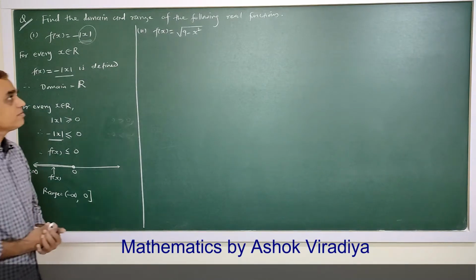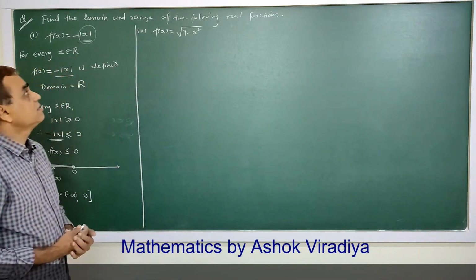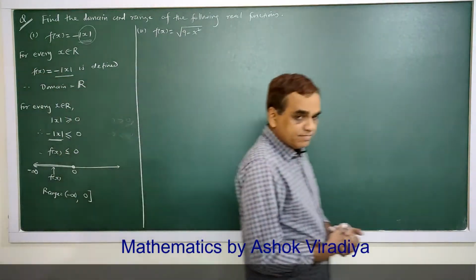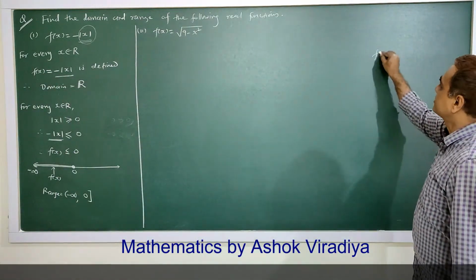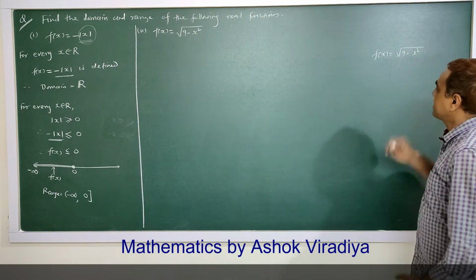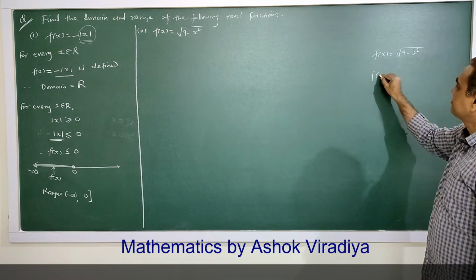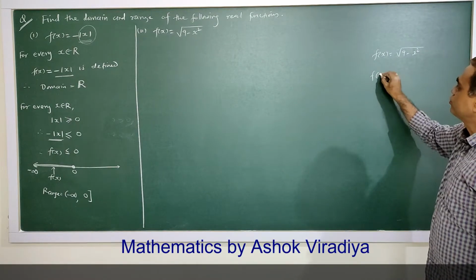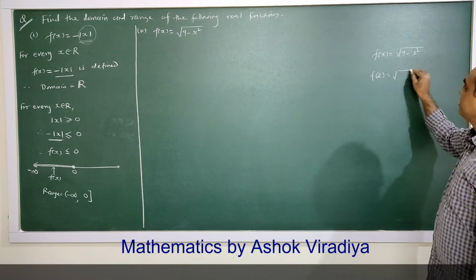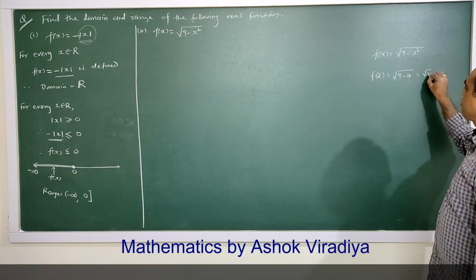Now here, find the domain and range of this function. See here, the formula is square root of 9 minus x square. Suppose I put here the value 2, f of 2. f of 2 is 9 minus 2 square, which is 4, that is square root of 5.